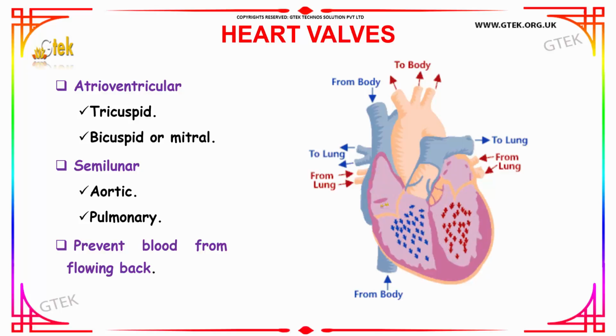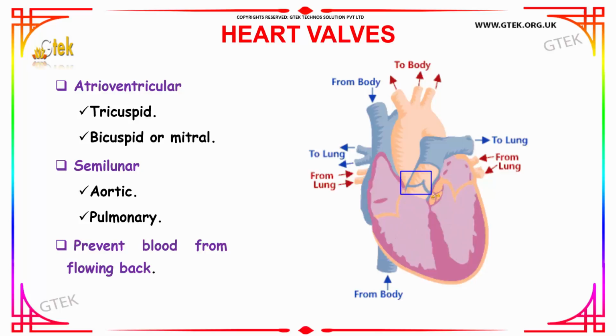So this is your tricuspid valve and this is your bicuspid or mitral valve. And the semilunar valves include the pulmonary and the aortic valve. Here you can see the pulmonary valve and this is your aortic valve. So these are the semilunar valves.